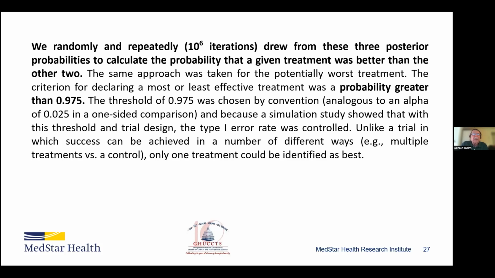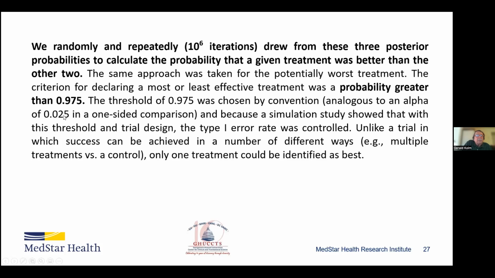So they're looking here at the probability greater than 0.975. And based on our discussion yesterday, you remember the normal distribution. So this would be, in the classical or frequentist approach, analogous to an alpha of 0.025, a one-sided comparison, as opposed to a two-sided comparison of 0.05.